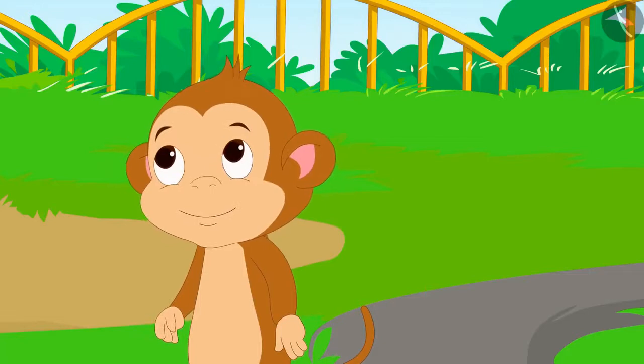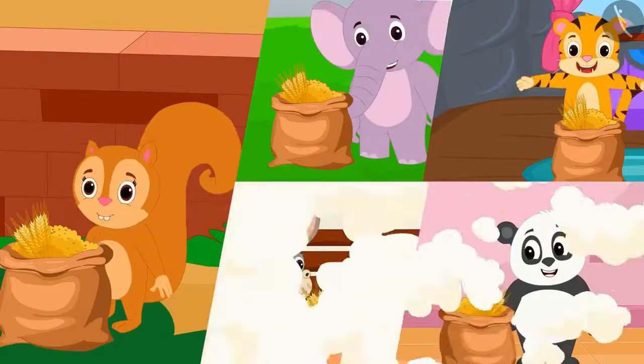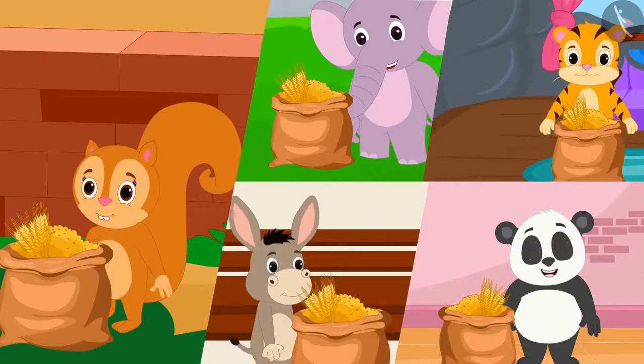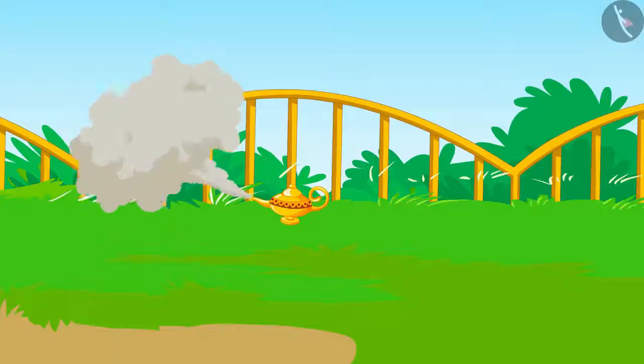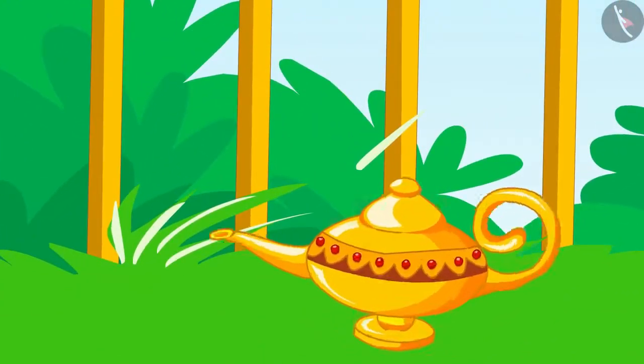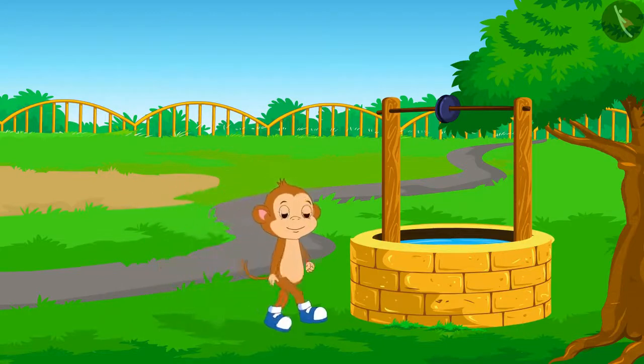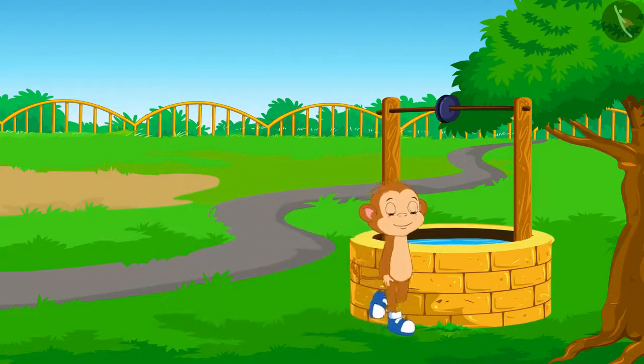All the people of the village got a gold sack of wheat as soon as Babban said so. All the villagers became very happy. The lamp disappeared when Babban's third wish was fulfilled. Babban put on his shining new shoes and happily returned to his home.